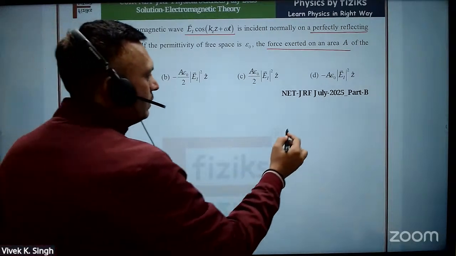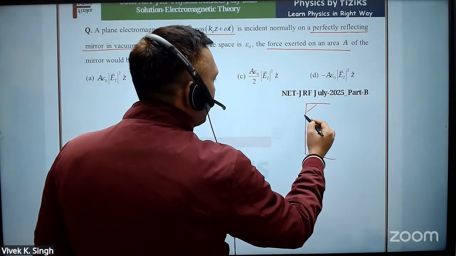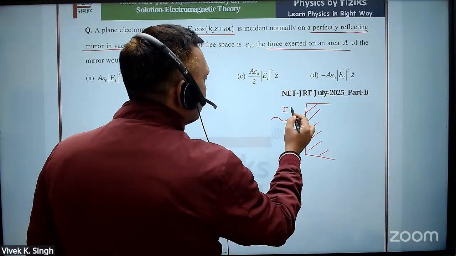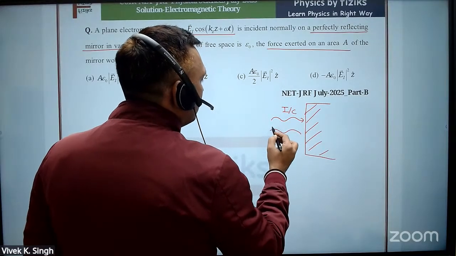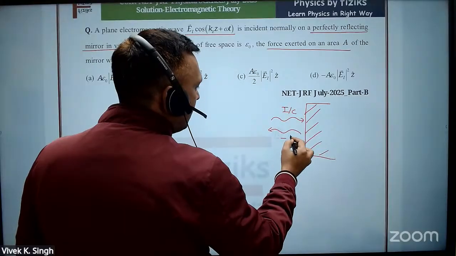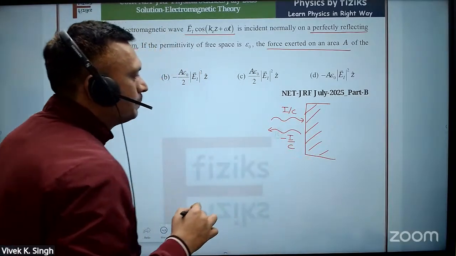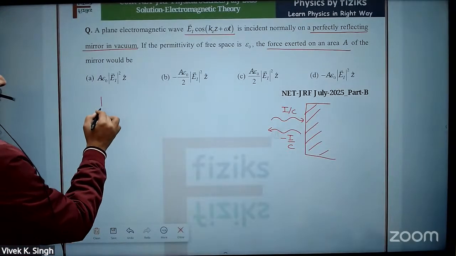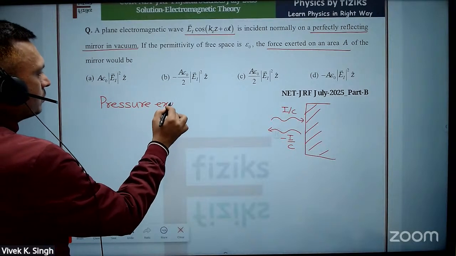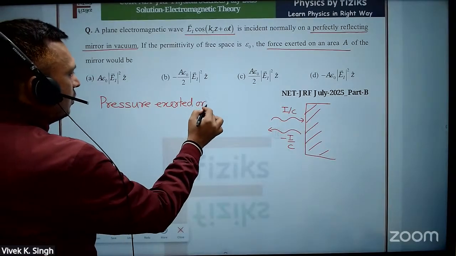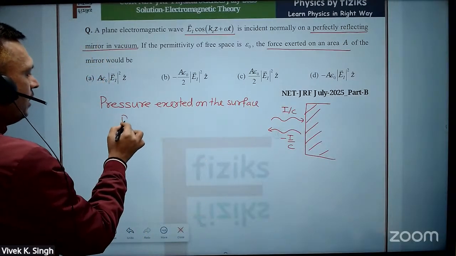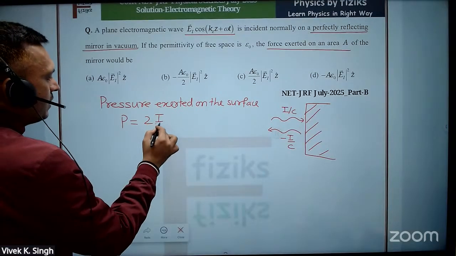You know that when you have a perfectly reflecting surface, if the incident intensity is I by C, this will be the incident pressure, and then in this direction you will get minus I by C. So the total pressure P exerted on the surface is twice I by C. This result you know.